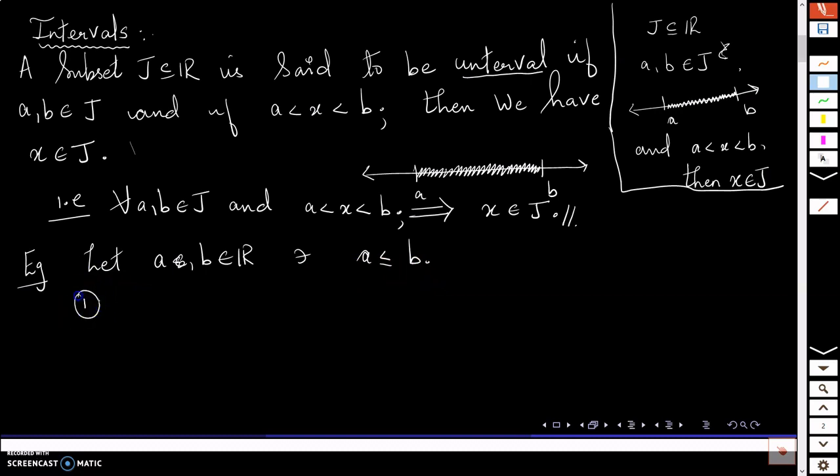The first one is read as closed interval A comma B. I have closed brackets at both the ends, and this is the set of all real numbers which are lying between A and B, including A and B. So all those real numbers x such that A is less than or equal to x and x is less than or equal to B. This set is the first interval, the closed interval.